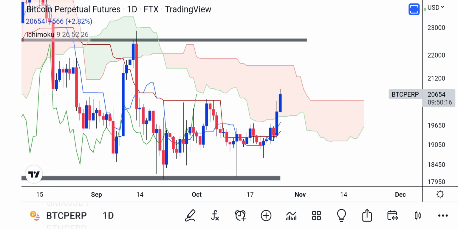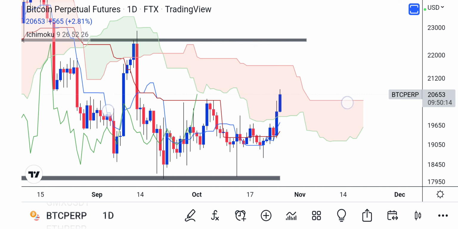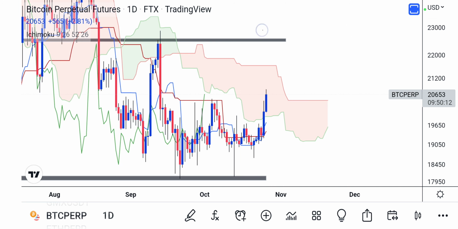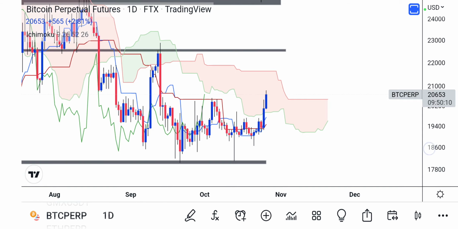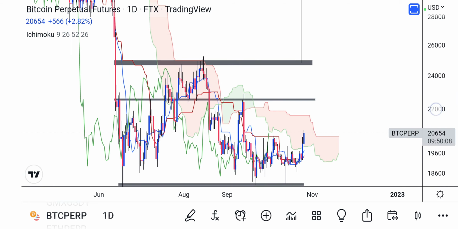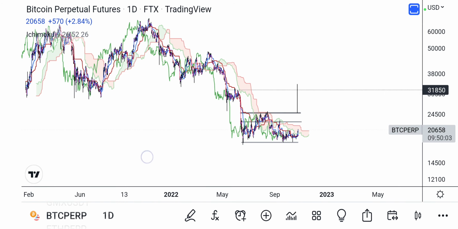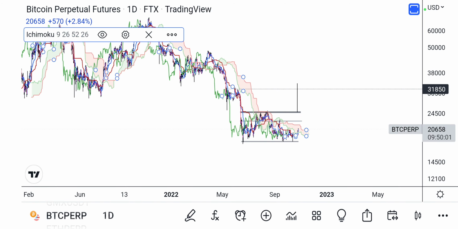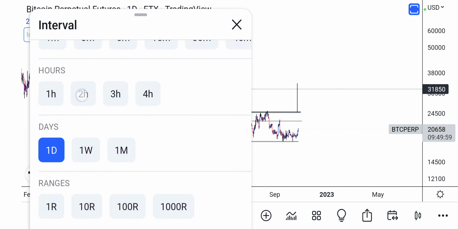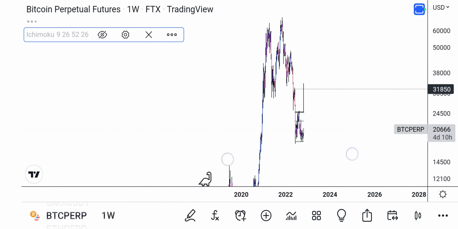So for now, I want to see some kind of move. If price can push back up to this level, we should be very careful. That doesn't mean we are fully back into the bullish market. No, we're not fully back into that. We still need some kind of move on the weekly time frame.